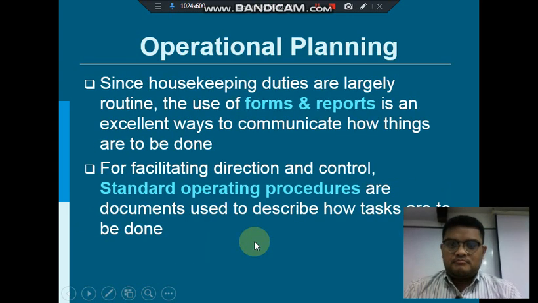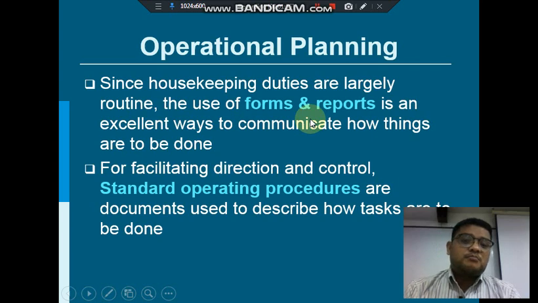And very specifically for today's lesson, we will talk about two important topics. Number one, the different forms and reports to be produced by the housekeeping staff. And secondly is the control of housekeeping operation using the standard operating procedures or SOPs.